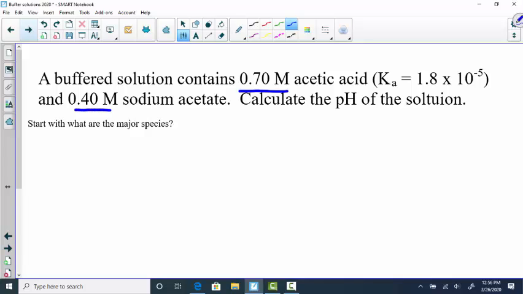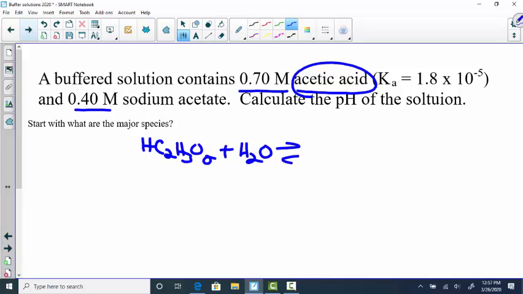acetate. So what I want to do first is write the equation, and the equation always starts with the acid. So acetic acid is HC2H3O2. We're going to add water to that. That's going to give me H3O plus and C2H3O2 minus.